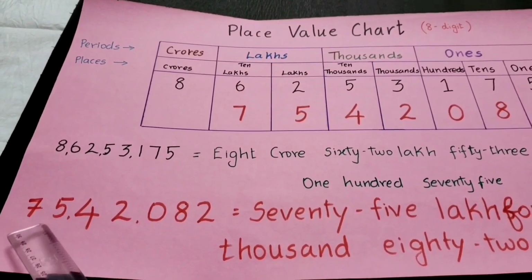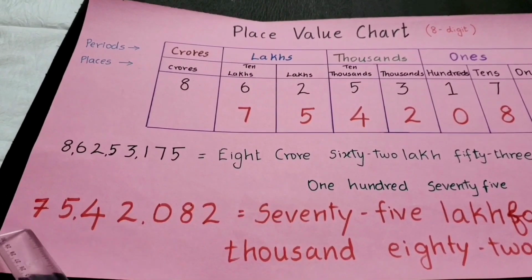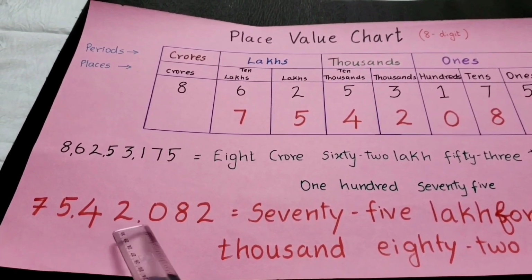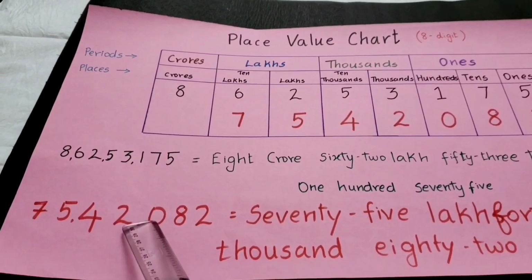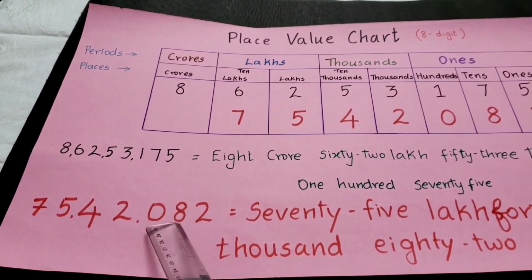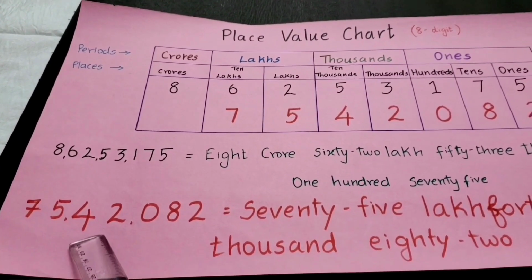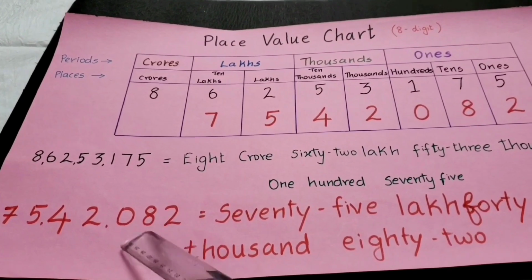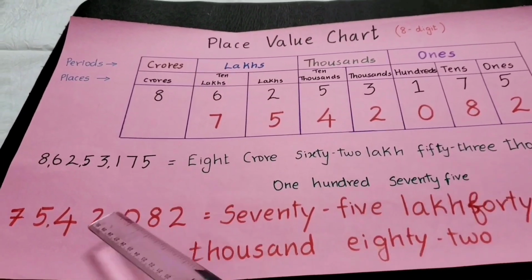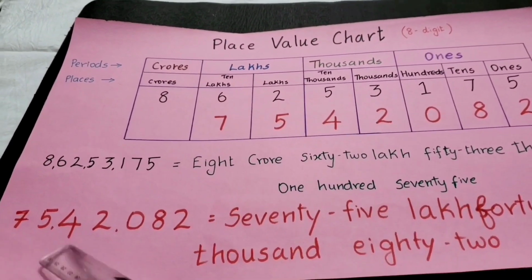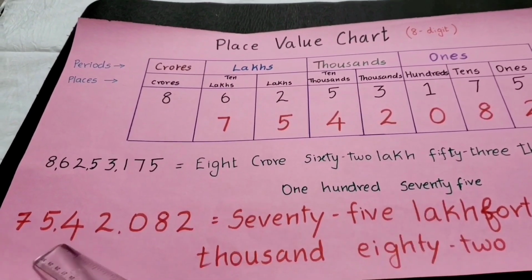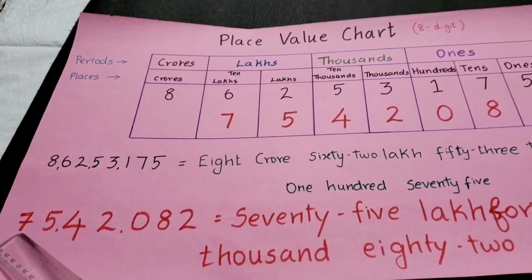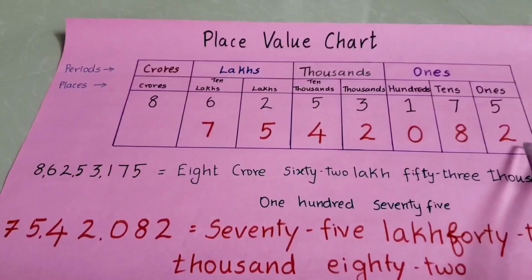Let us see another example. Here I have taken a 7-digit number, 7542082. In this number we have 0 in it. 0 is in hundreds place. Let's see how to represent this number in the place value chart. 2 in ones place, 8 in tens place, 0 in hundreds place, 2 in thousand, 4 in 10,000, 5 in lakhs, 7 in 10 lakhs.